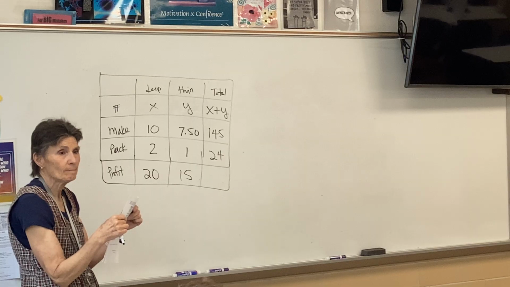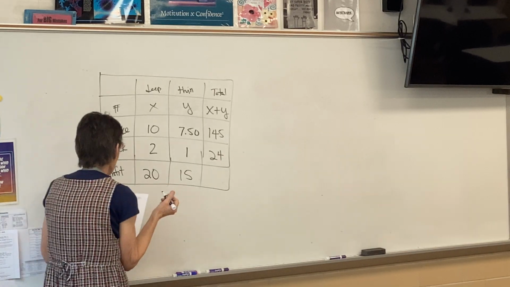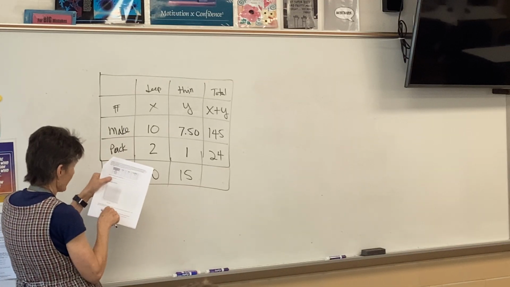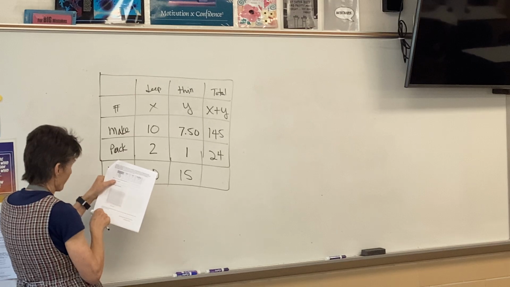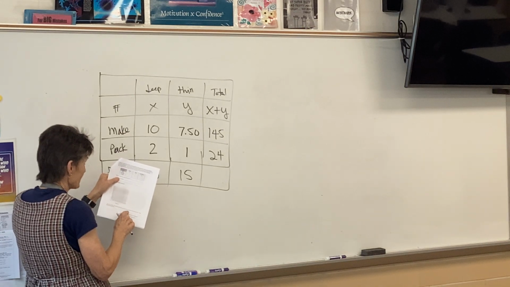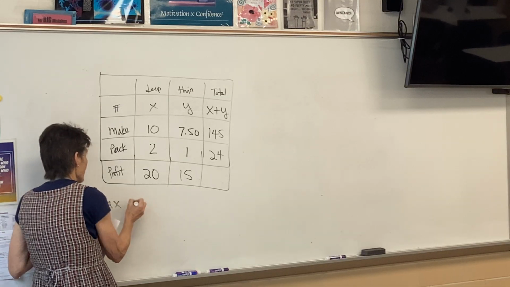So far, so good. We are trying to, well, the question is clear down at the bottom. I don't like the way this is formatted, but the question is clear down at the bottom. Find the number of deep dish pizza and thin crust that I need to make to maximize my profit.